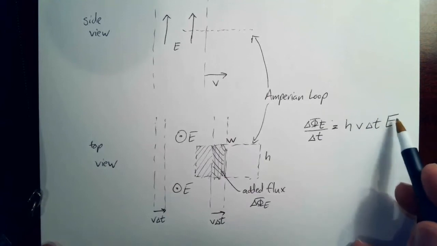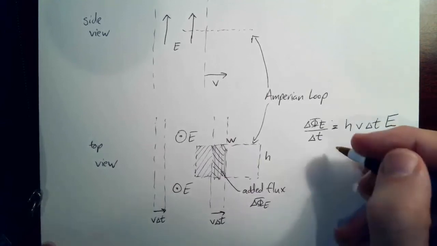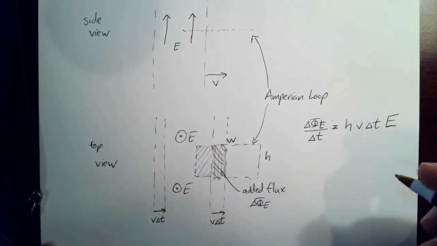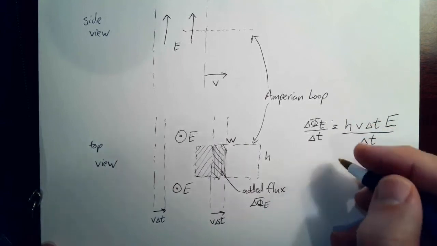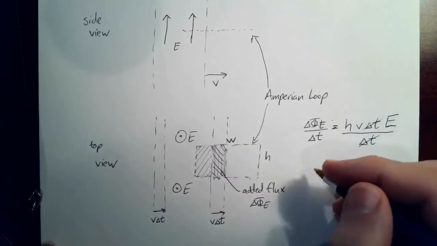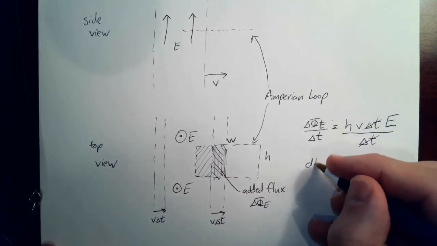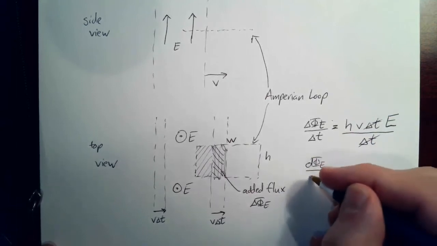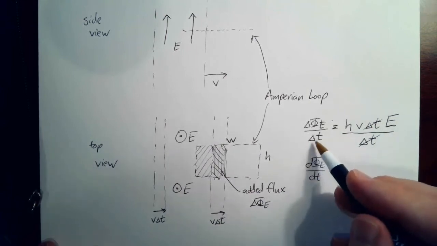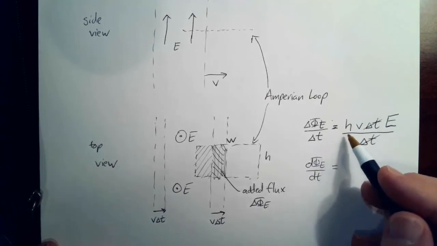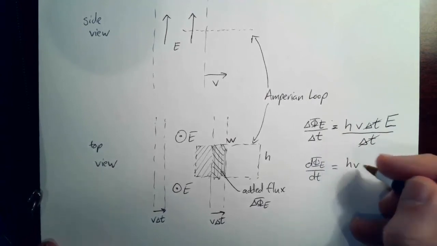Again, area times field, and all that over delta t. So the delta t's cancel, and we have that the right-hand side, d phi dt, is, as delta t goes to 0, in the limit as delta t goes to 0, I have HVE.